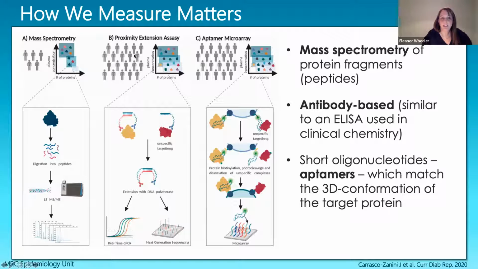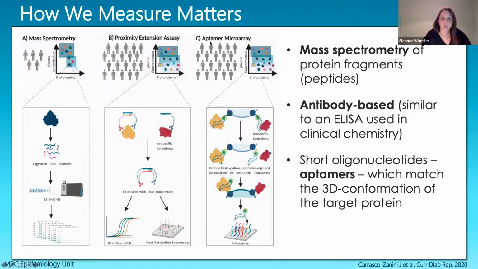The proximity extension assay, which is the technology used by Olink, for example, uses matched pairs of antibodies attached to unique DNA oligonucleotides for each protein. This has increased throughput and coverage compared to mass spectrometry. The latest platform, for example by Olink, can measure almost 3,000 proteins.